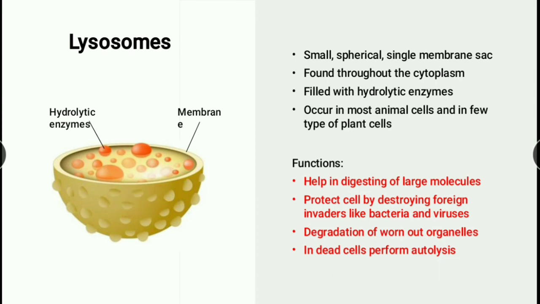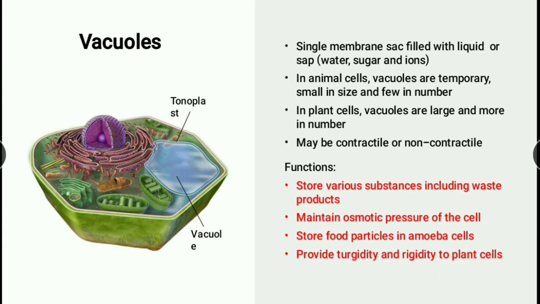This is the lysosome. Okay, this is the vacuole. Sometimes it will store food, in amoeba, isn't it? In the plant cell, why is there a vacuole? To provide support, strength. That is called rigidity to the plant cell.